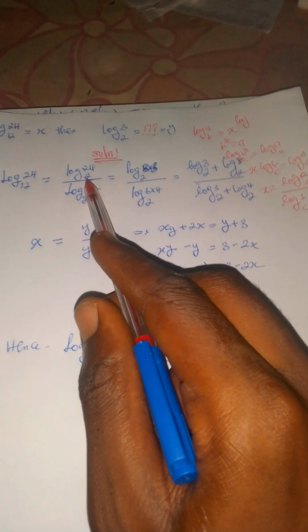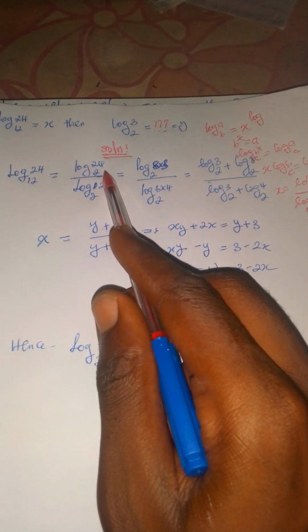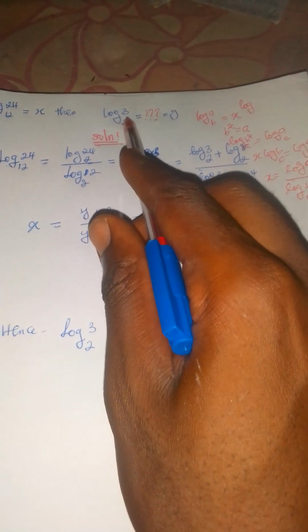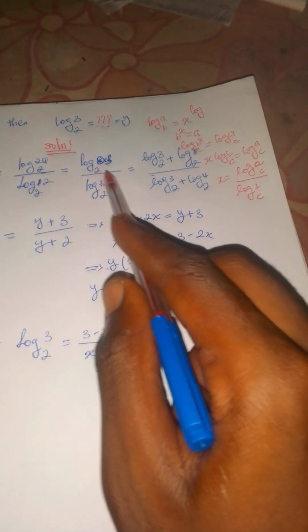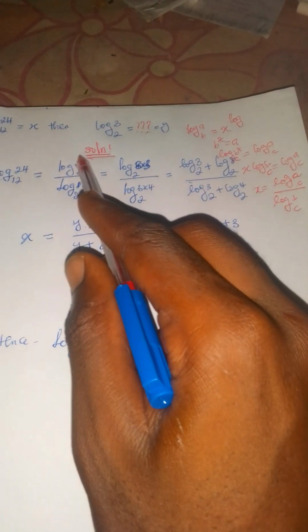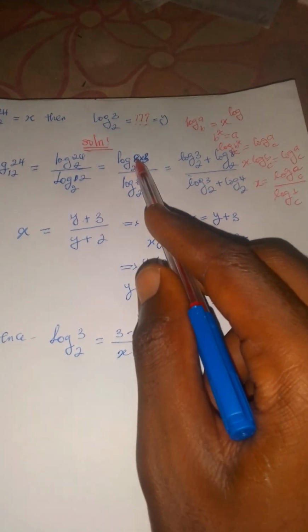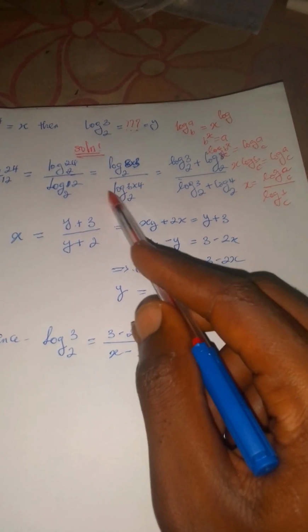Now we notice that 24 can be written as 3 times 8, because my answer is in terms of the number 3. So I look for all possible means to split this number to 3 if possible, and I found that I can write it as log of 3 times 8 base 2 over what?